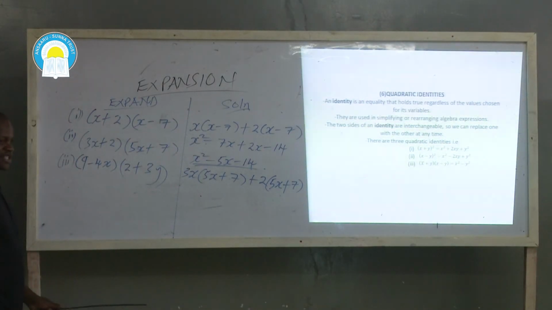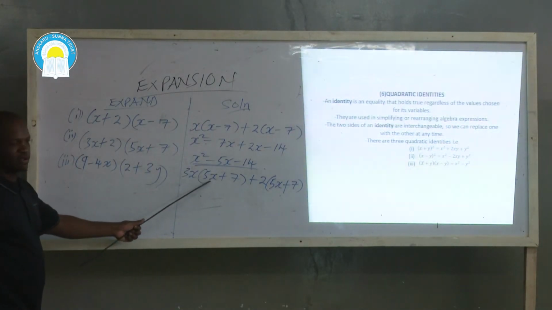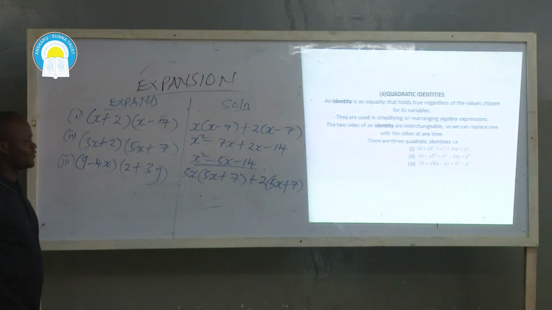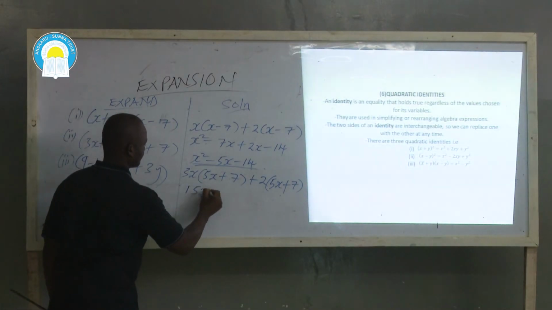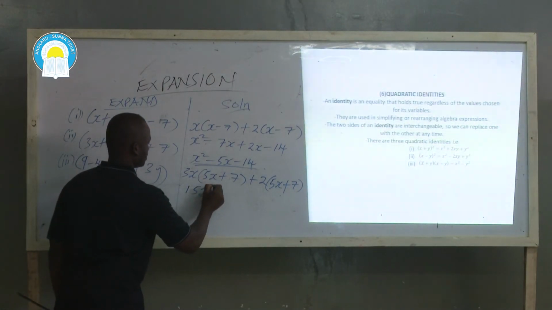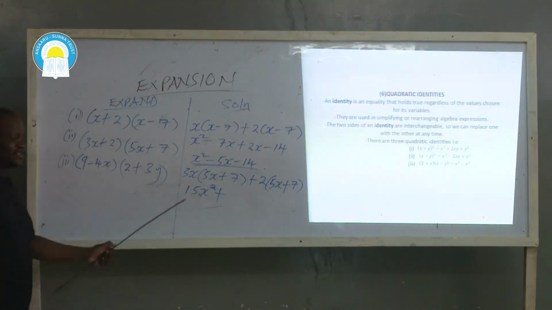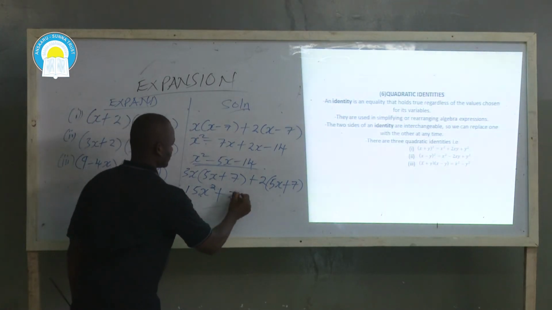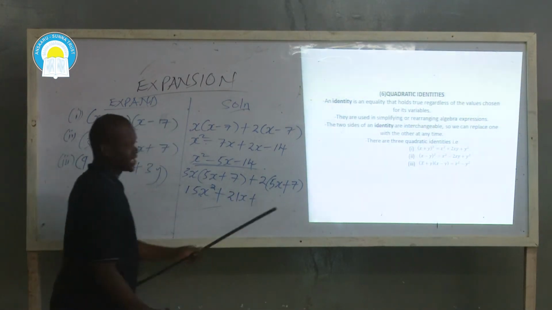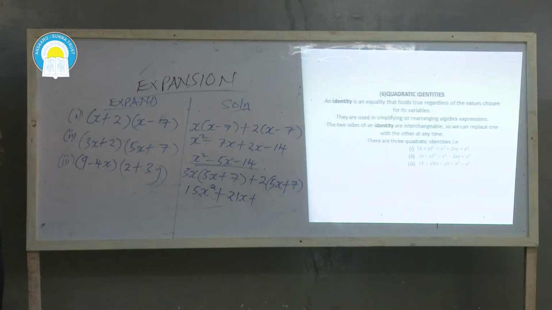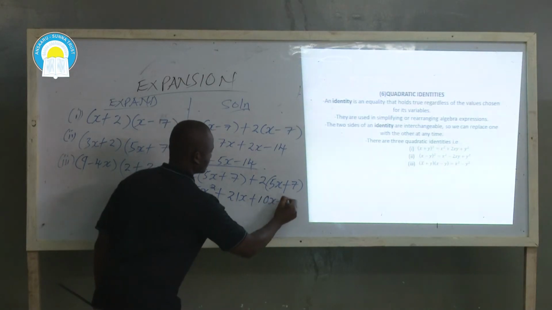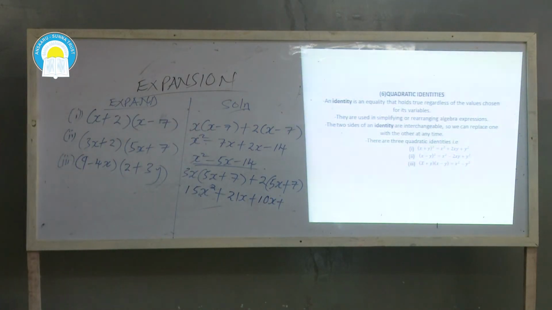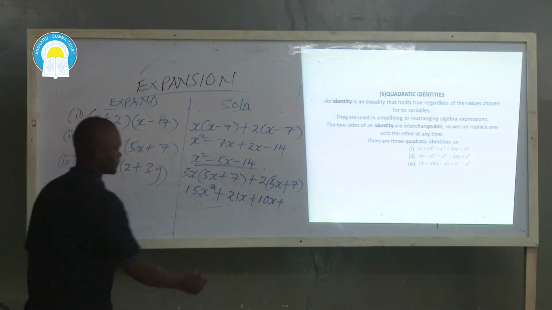Now, remove the brackets completely. This by that, what do you get? 15x squared. This by that will give you 21x. Now, 2 by 5x, what do you get? 10x. Then 2 by 7 gives you 14.